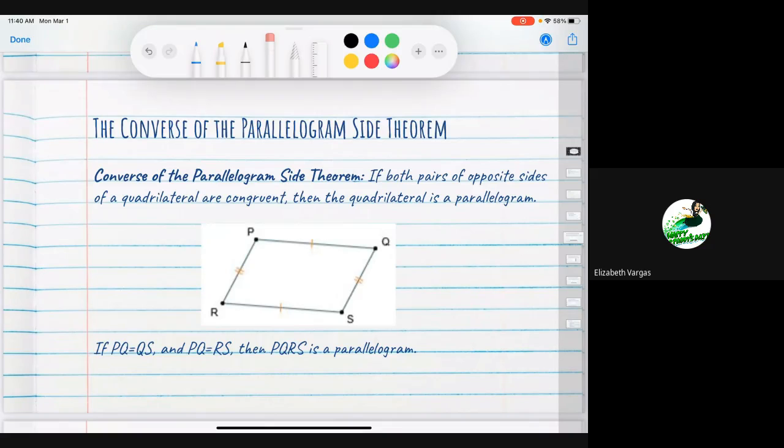And the reason we're going to use the converse is because, for example, the parallelogram side theorem started with, if a parallelogram, then both pairs of opposite sides are congruent. So this is just an example of one of the theorems that we saw on Wednesday. And this theorem was the parallelogram side theorem.